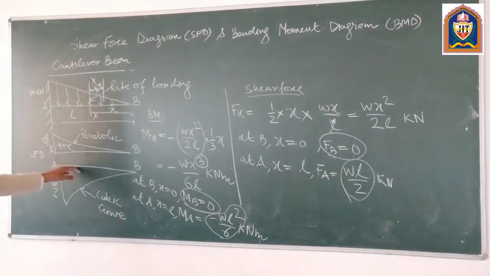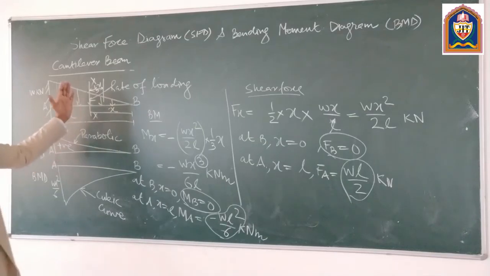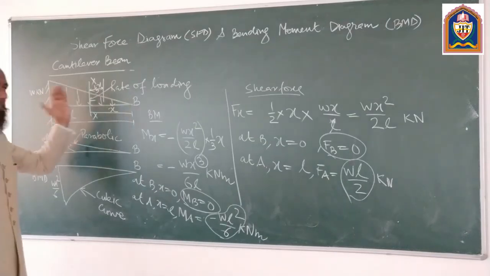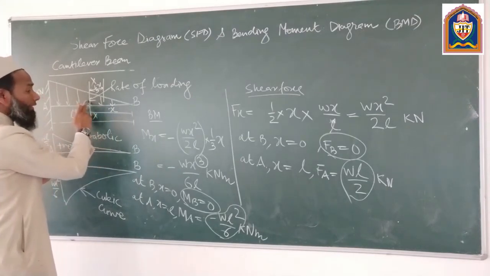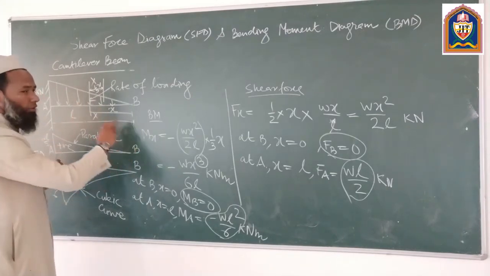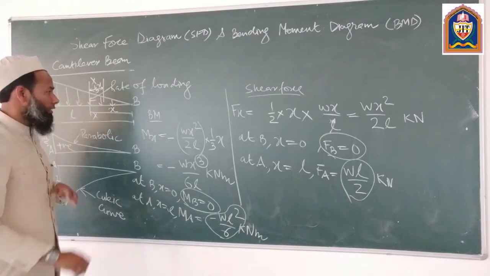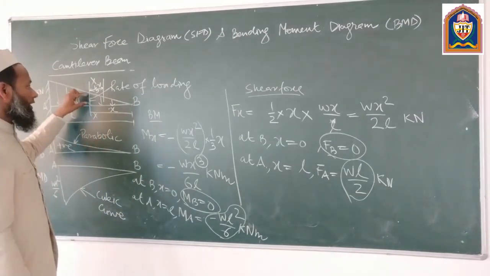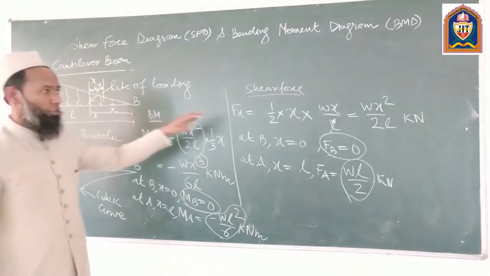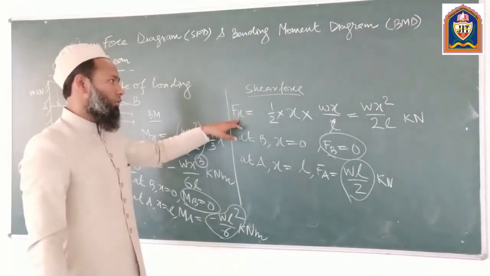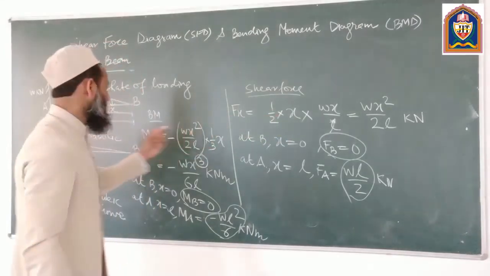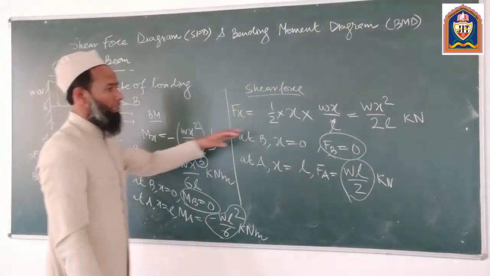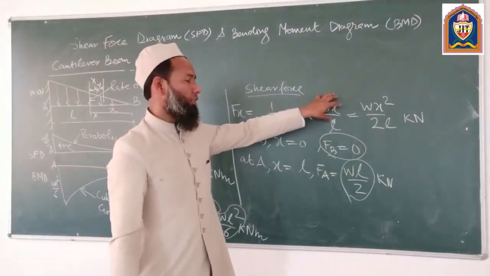So the first thing we have done is, we have taken a section which is at a distance x, and we have calculated the rate of loading at the section by using the properties of similar triangles. When the rate of loading is calculated at the section, we go for the general equation for the shear force, 1 by 2 multiplied by the base, which is x, then multiplied by the load, that's this rate of loading.